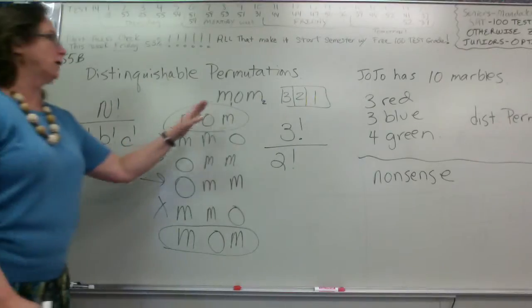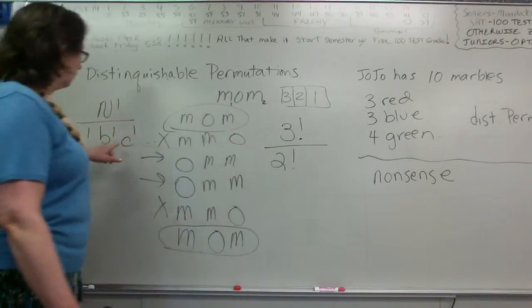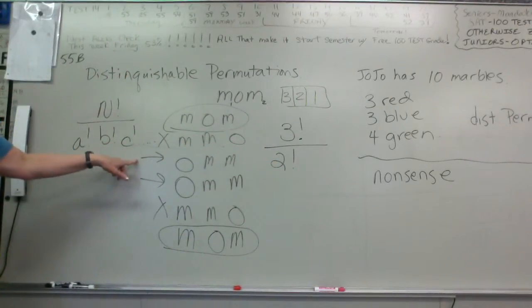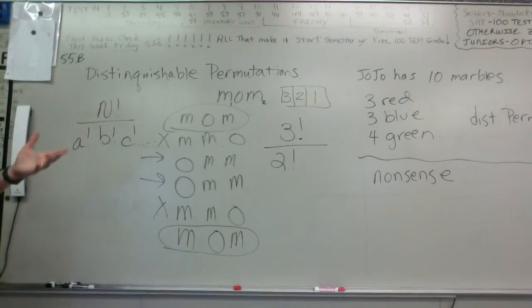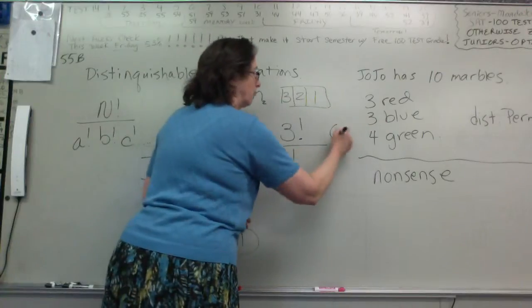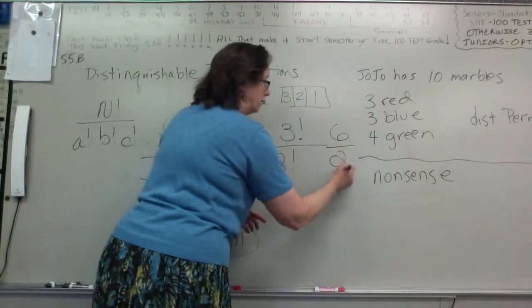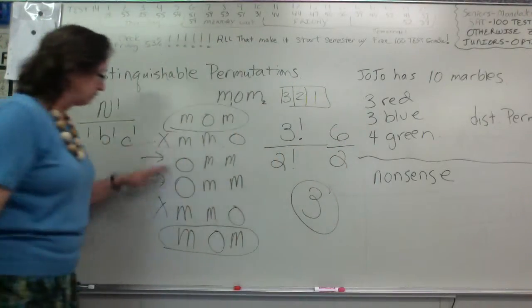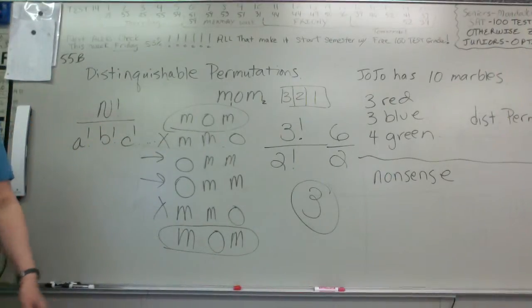Now we don't have any others. We don't have a B and a C because we don't have any other repeated letters. But once we have that, we say, well, 3 factorial is 3 times 2 times 1, or 6, and 2 factorial is 2. So we have 3 distinguishable ways to write the letters in mom.